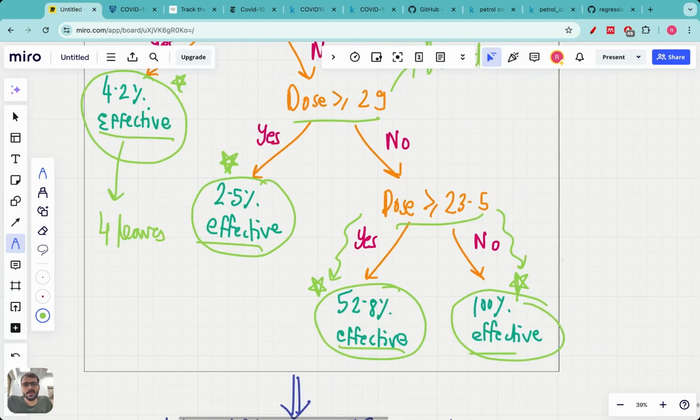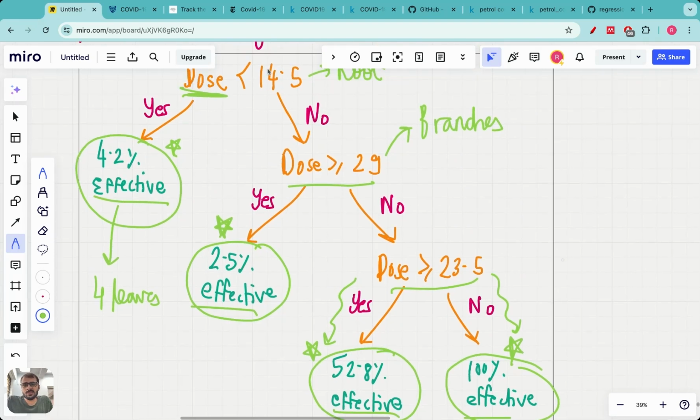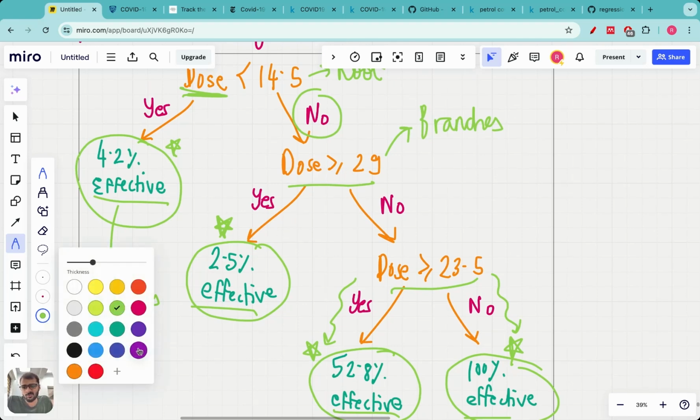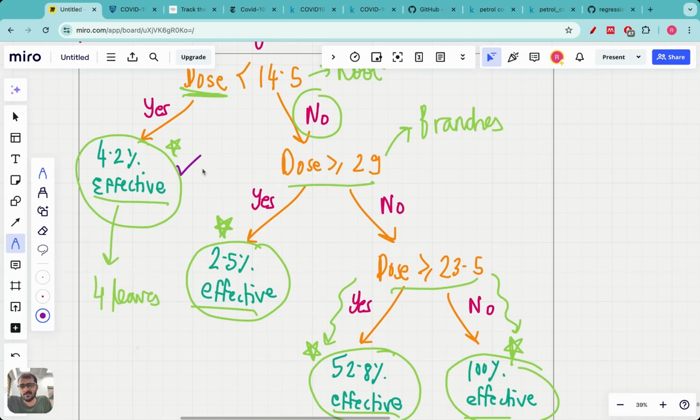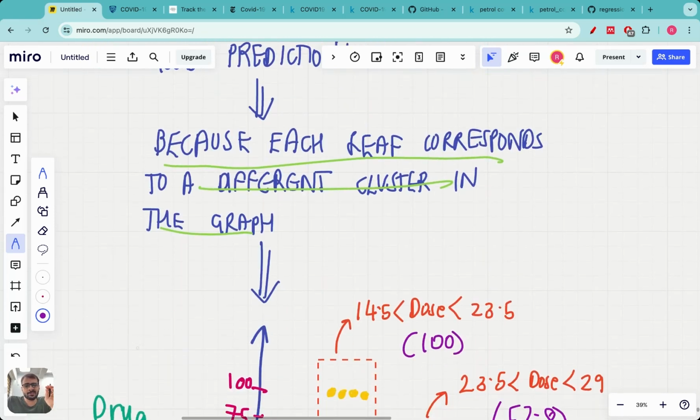Now let's look at if dose less than 14.5 is no, which means we go over here. Now let's look at dose greater than or equal to 29, which is this second leaf. Let me mark it with a different color so that it's visible. So we covered this first leaf over here. Now let's look at the second leaf, which is dose greater than or equal to 29. We are saying that for all dose greater than or equal to 29, the drug is 2.5% effective.